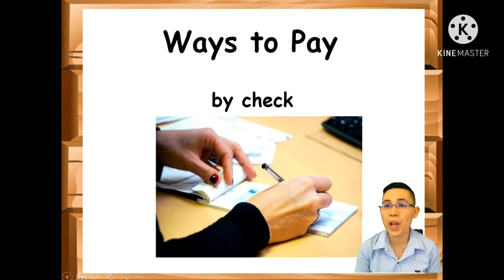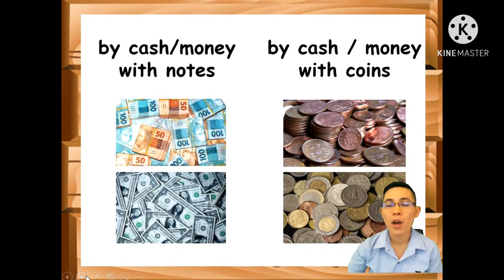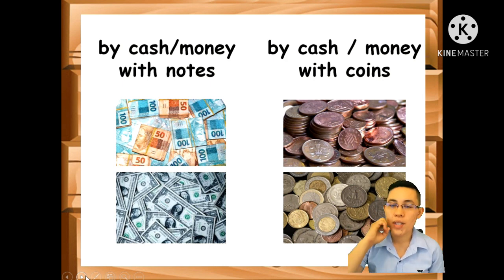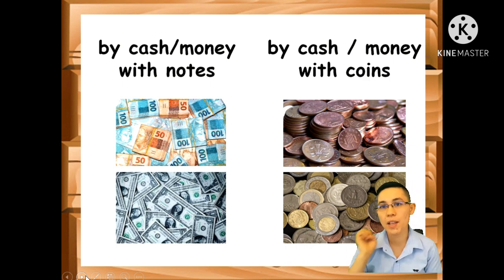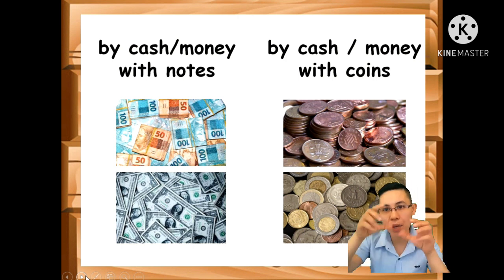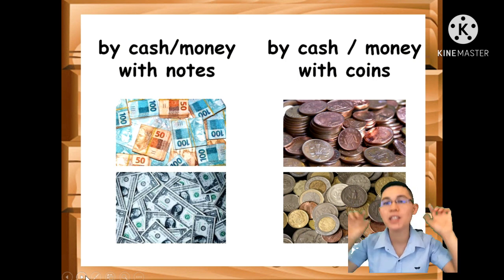Okay, next we have, there are different ways how we are going to pay at the restaurant. So first we pay by check. Next, we pay by cash, okay? Sometimes we pay with cash, which is the bills, or money with notes, the paper bills.